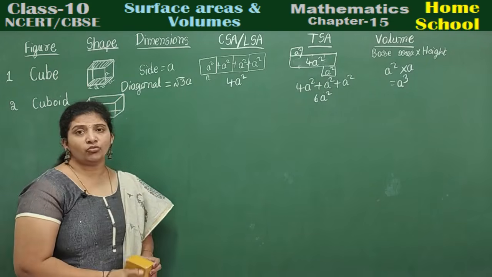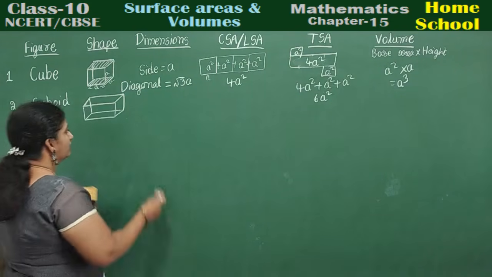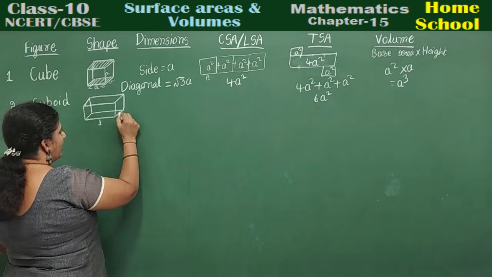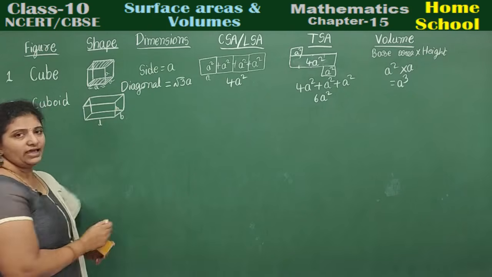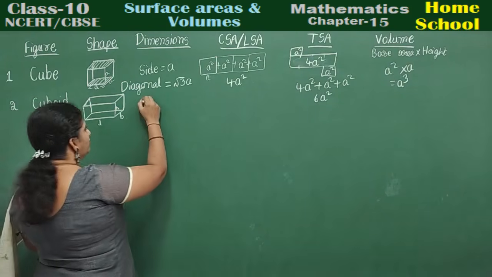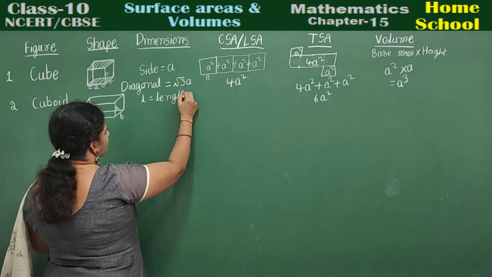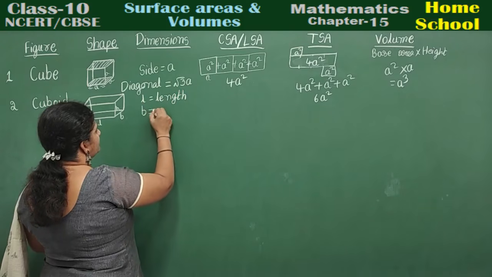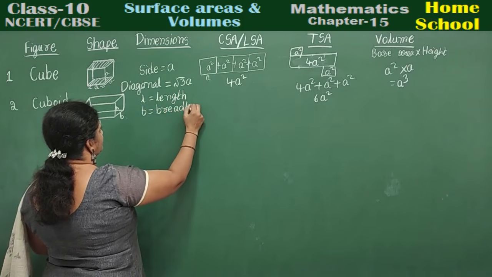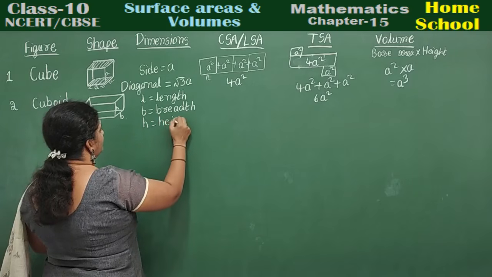A cuboid is a 3-dimensional solid with length, breadth, height. L, B, H are the 3 dimensions we use. Let's write here: L indicates the length of the solid, B indicates breadth, H indicates height.